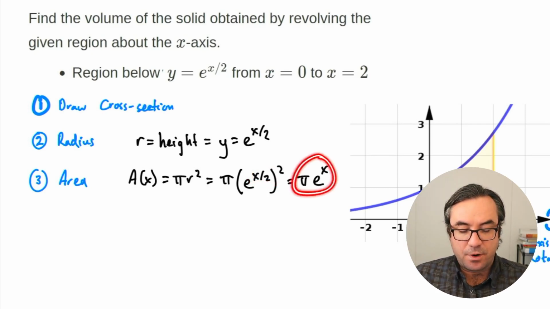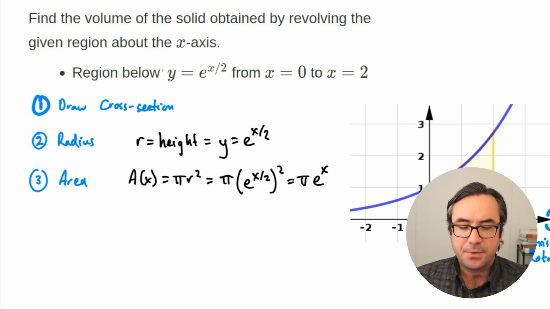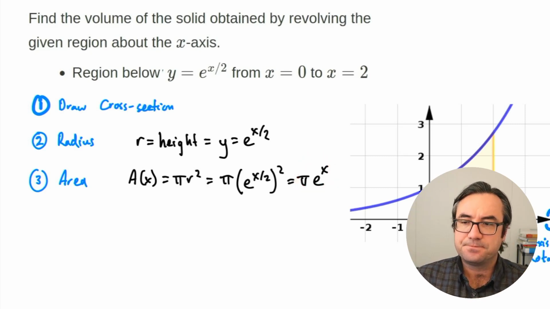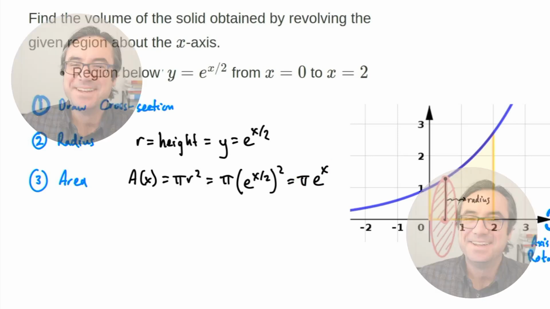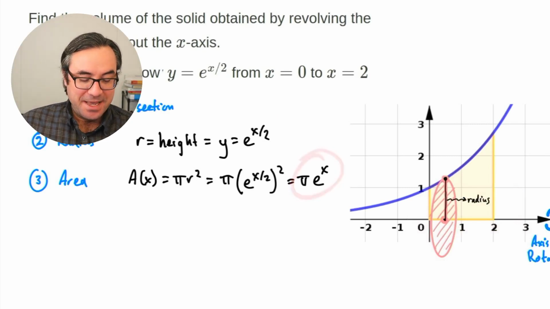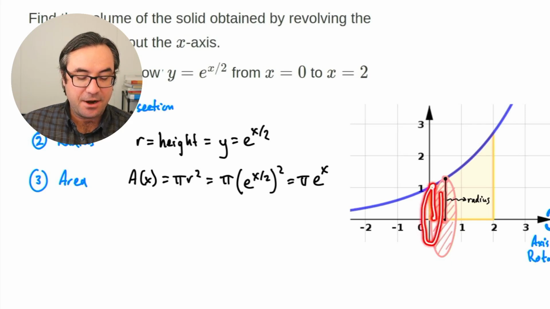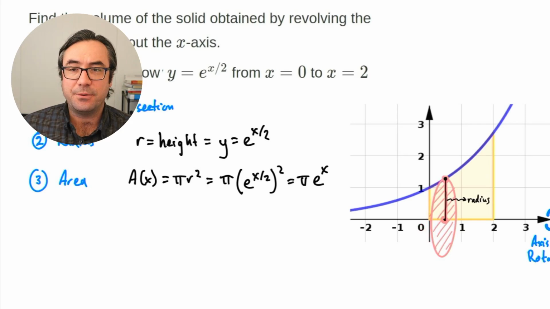So what this formula is essentially doing is telling us the area for any cross-sectional cut that we make. What this area function does is it tells us, for any cross-sectional cut that we make, the area of the resulting circle that we get.